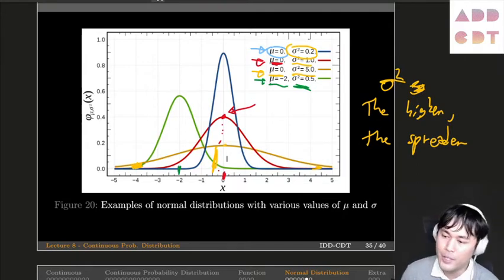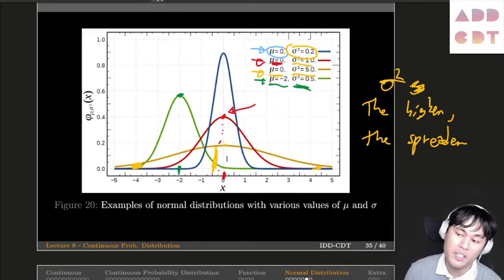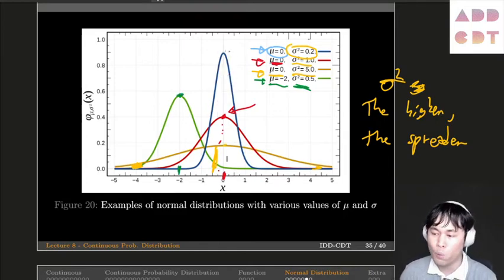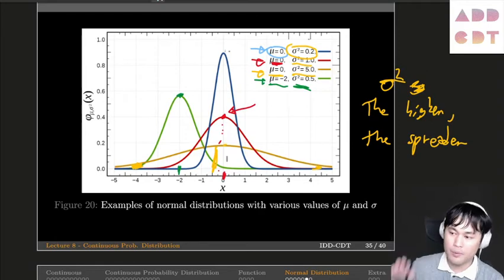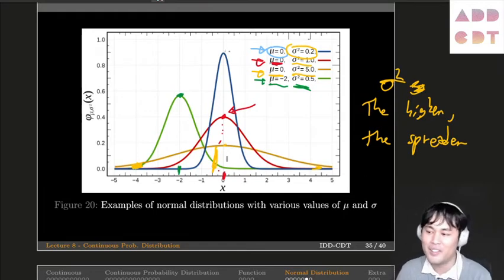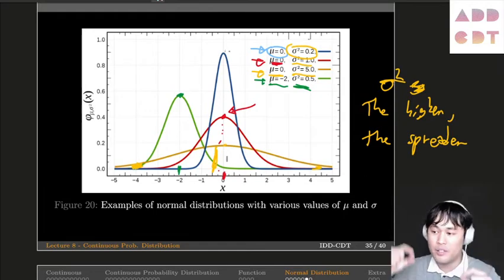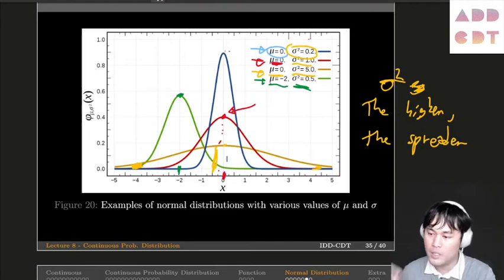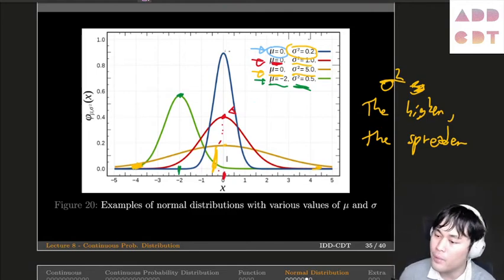So it's kind of halfway there, and that's why the peak is in between these two peaks. So all these 4 curves are normal distributions. But the question is, which one do we use? There are so many, depending on the values of mu and sigma that we put into the formula. And we're gonna answer that in the next class.